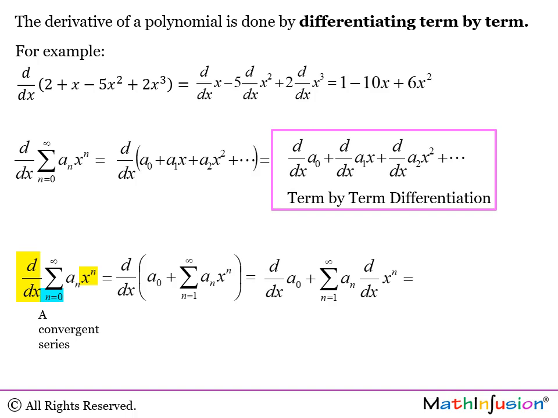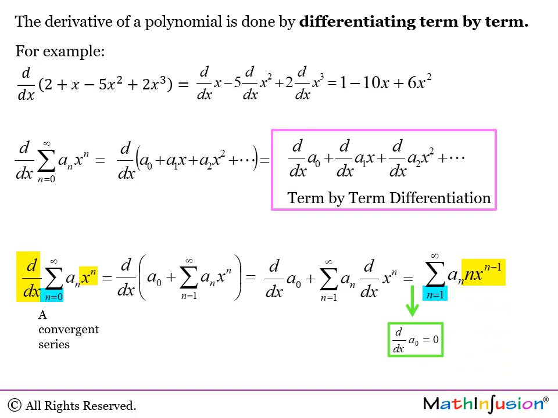And because d/dx acts on x to the n, I can write the second term as the sum, n runs from 1 to infinity, of a sub n times d/dx of x to the n. Again, because a sub 0 does not contain any x, the derivative with respect to x of the term a sub 0 is 0.